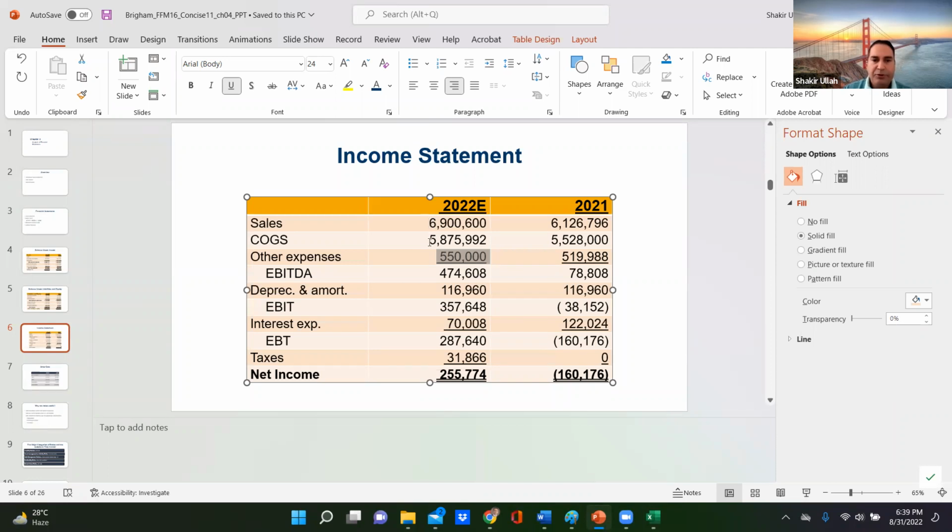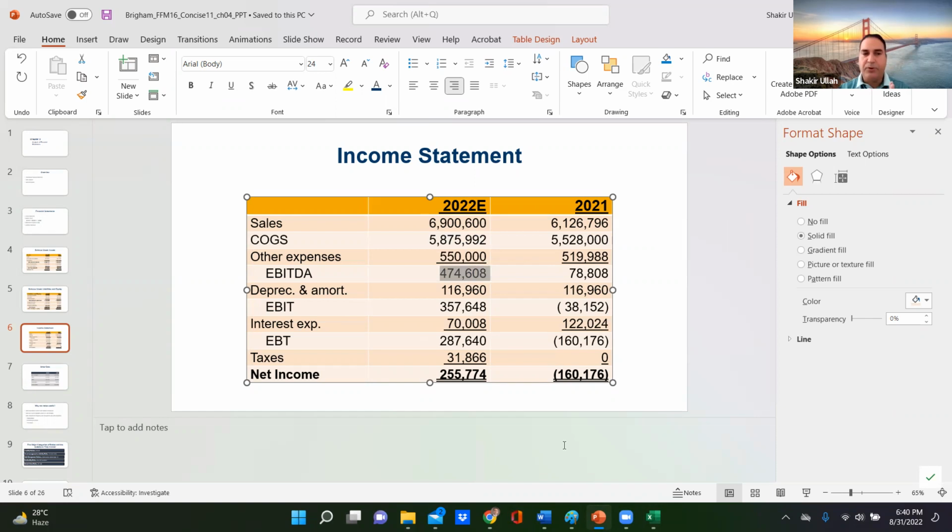Now, when we remove these two expenses, the cost of goods sold and the other expenses, these are what we call the operating expenses of the business. We remove these two numbers from the sales, we get this number. Okay, that is what we call EBITDA.